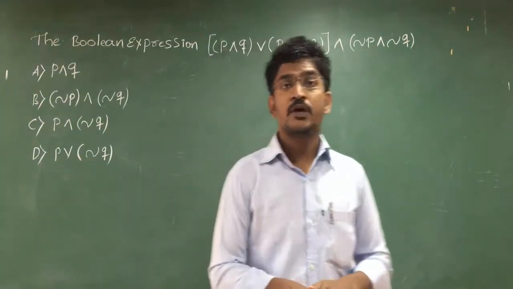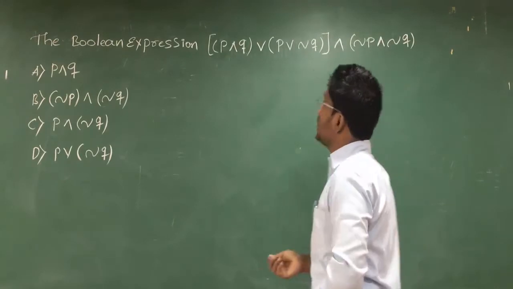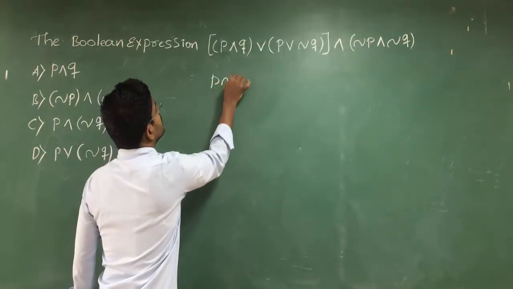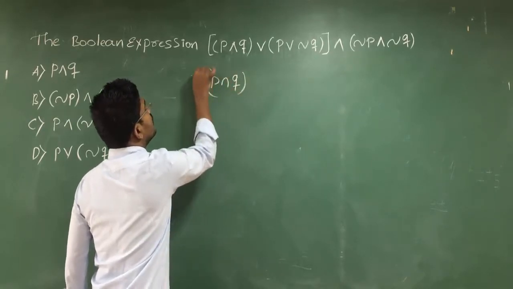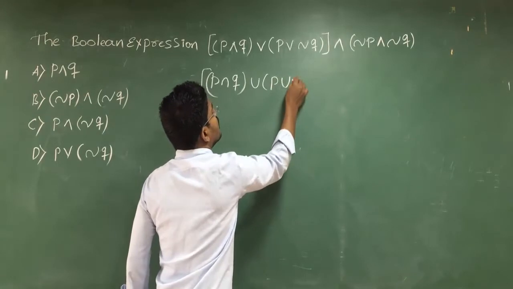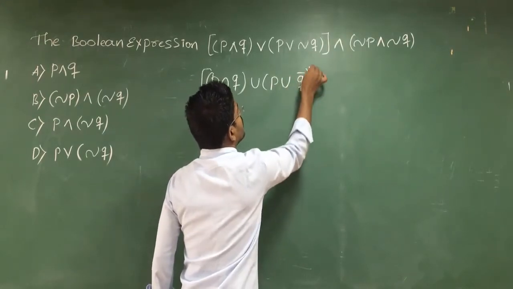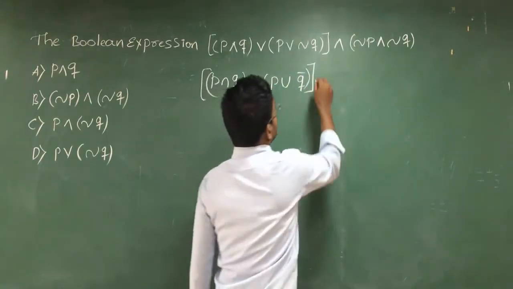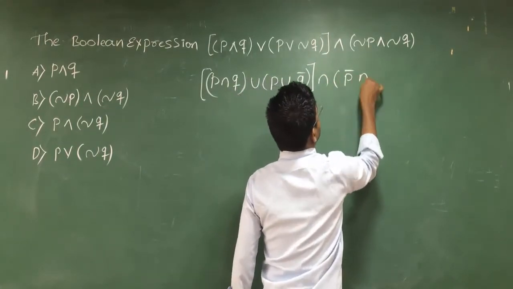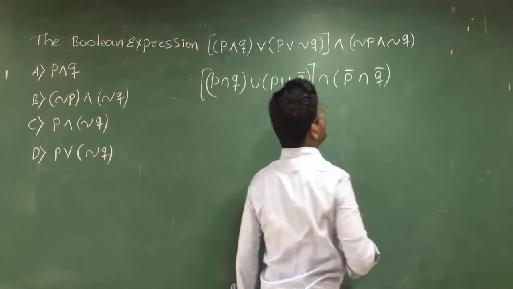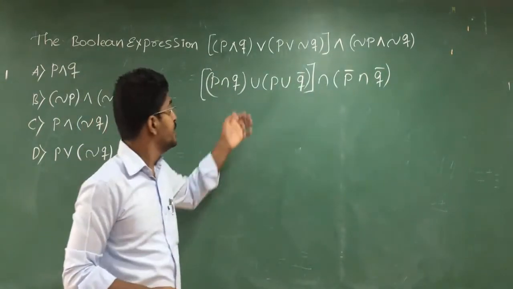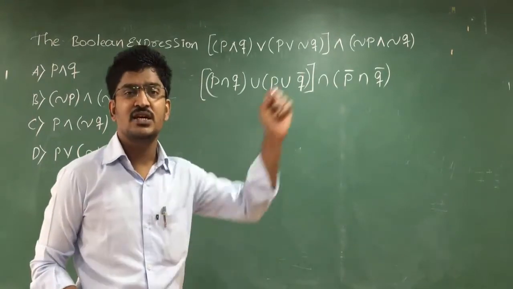Clear? Okay. So to solve this logical statement, I will take it as P intersection Q union P union complement of Q, intersection with complement of P intersection with complement of Q. So I will take the logical statements into union and intersection with complements.